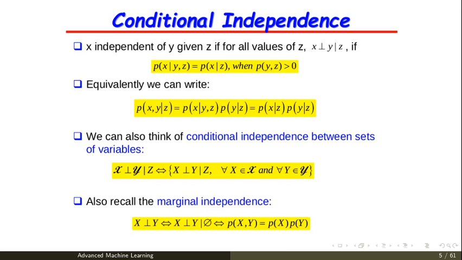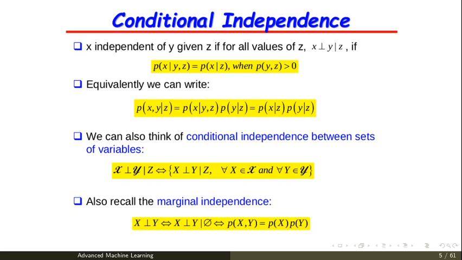So I'm going to introduce some basic things in probability in case you have not seen them. That is marginal and conditional independence. So I have these random variables x, y, and z that can be scalars or vectors.